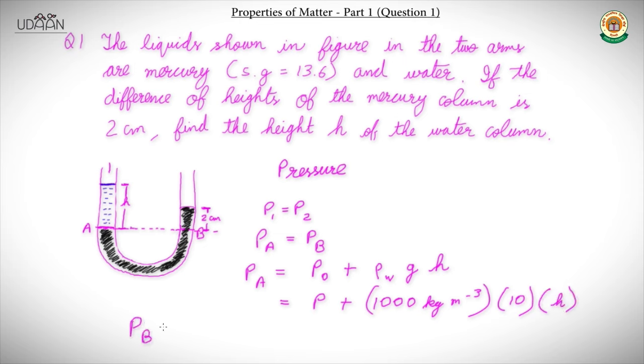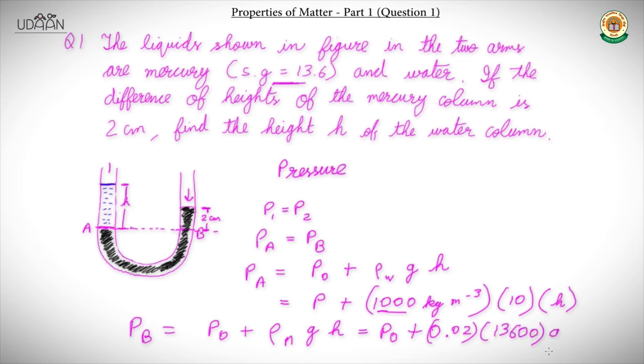While we write the pressure at point B, it would be equal to P0, obviously, because here also the pressure of atmosphere is in contact, plus rho of mercury into g into h, where rho of mercury is basically specific gravity into rho of water. So this would be equal to P0 plus 0.02, that is the height of the mercury column in meters, into 13600 into g.